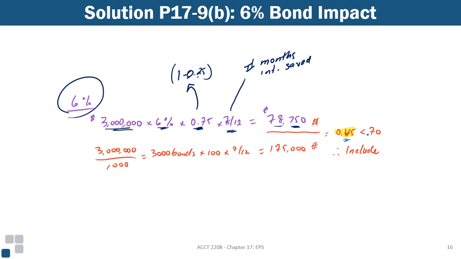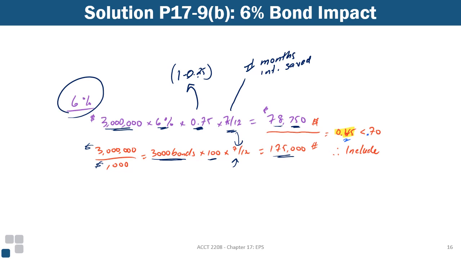And then we know that the $3 million of total bond value, each individual bond is $1,000. So that means that there are 3,000 bonds outstanding that are converted into 100 shares each. And we would also have to apply the same fraction of 7 over 12 here to help us impact the weighted average number of common shares, because by doing this conversion, this number of shares would be added to the total number of shares, but only for 7 out of 12 months of the year, because that's how long they would be there.